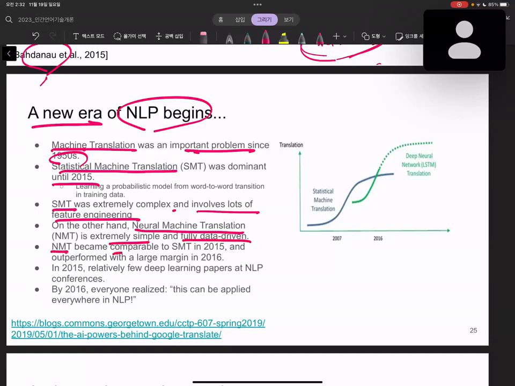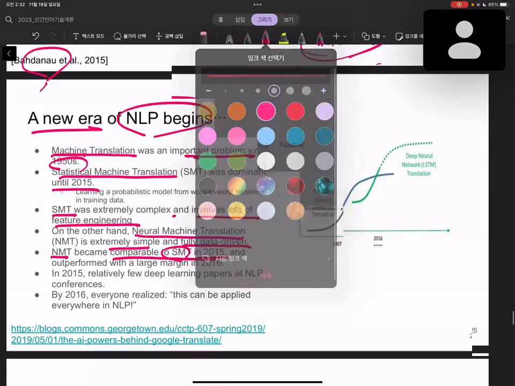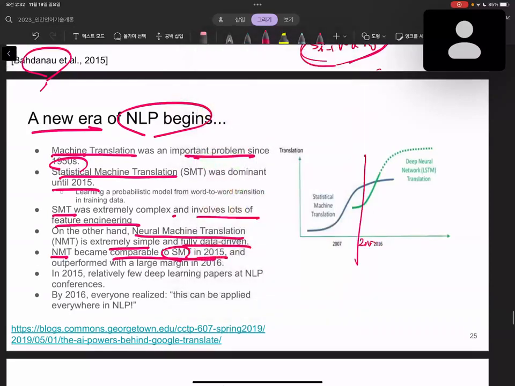NMT became comparable to SMT in 2015, and outperformed it with a large margin in 2016.